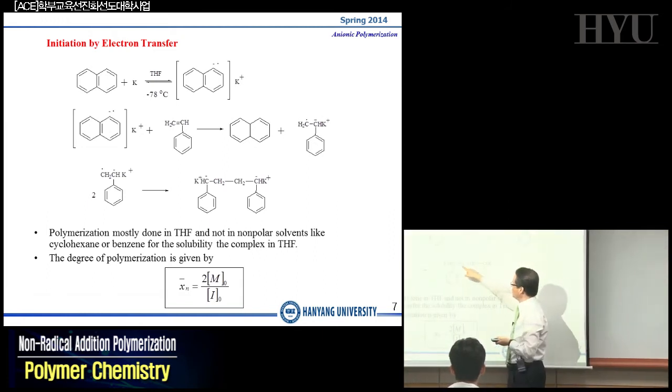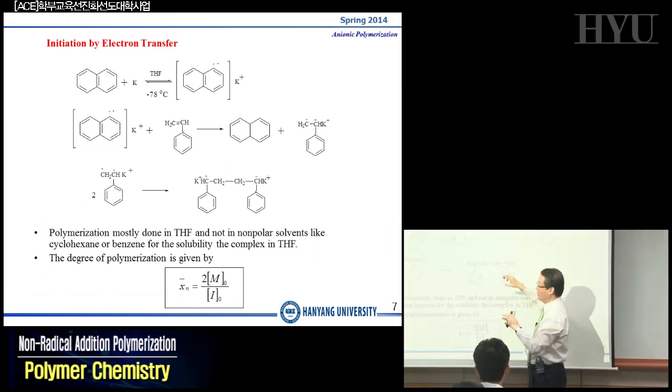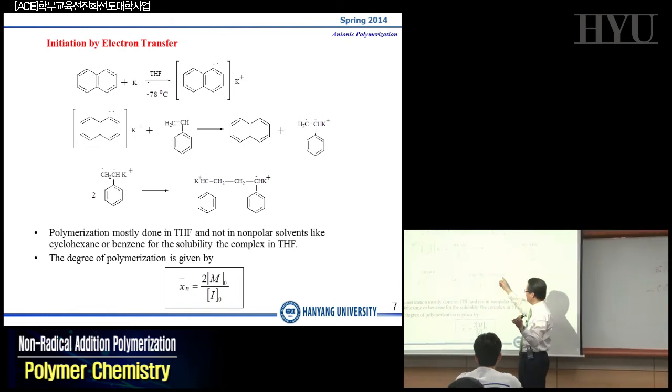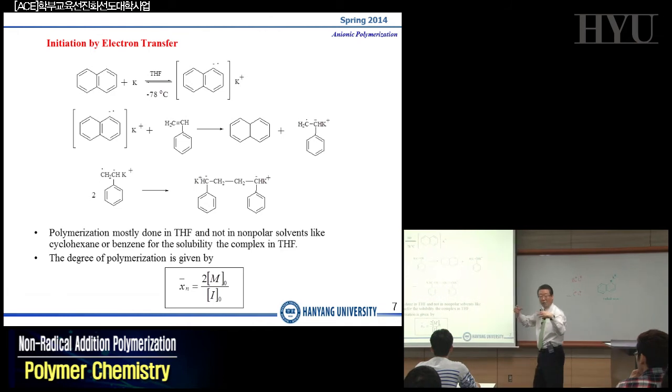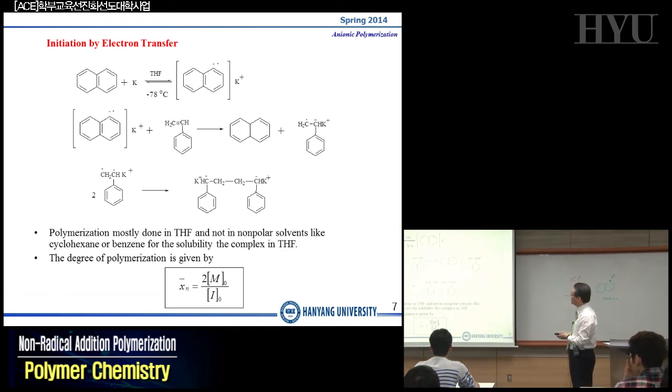So you have two carbanions at the ends of your chain, at the alpha carbons, with potassium present as the counter ion. Of course, naphthalene is regenerated because of this step.